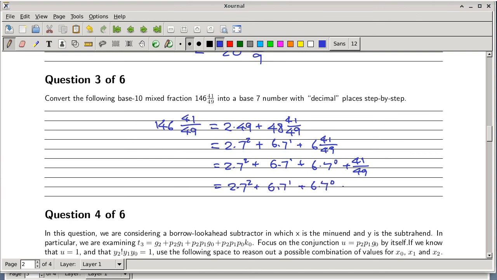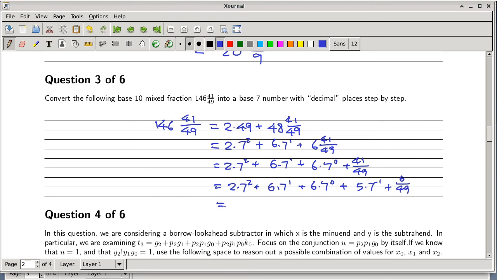But this time we are asking about 7 to the power of negative 1. In other words, we are looking at how many sevenths do we have in 41 divided by 49. There are 5. So there are 5 times 7 to the power of negative 1. And what is left? 6 divided by 49.